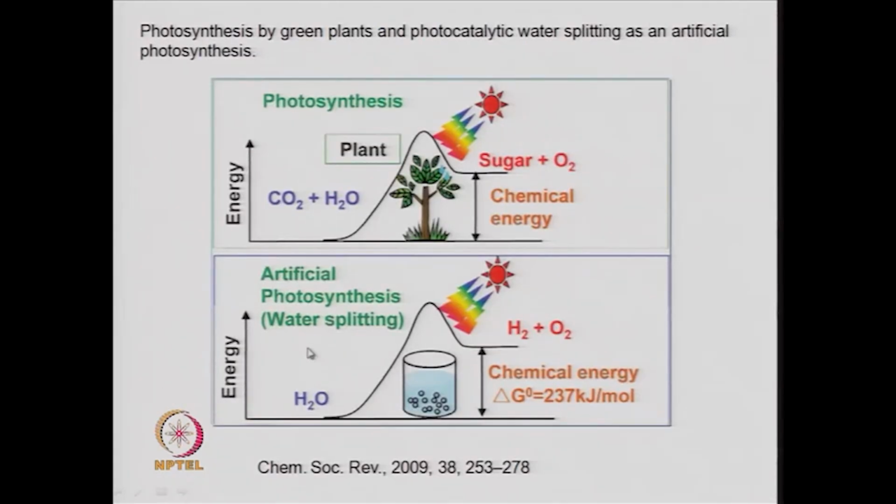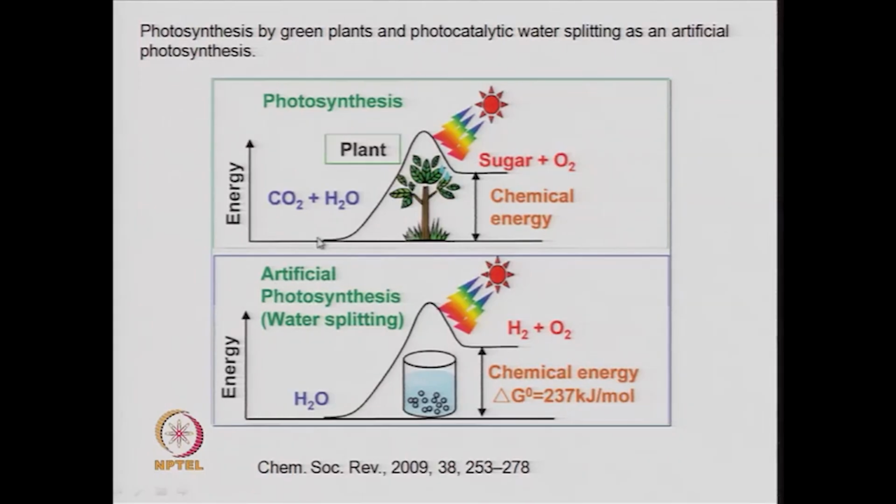So, this is another comparison, between photosynthesis and artificial photosynthesis, where a photocatalyst is being used. Naturally, in photosynthesis, in the presence of solar radiation, the plants use carbon dioxide and water to produce sugar and oxygen, and chemical energy is being used, because the delta G is not negative.